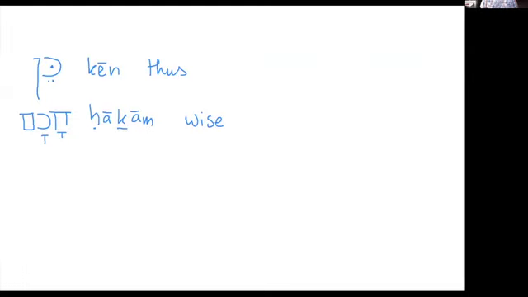So you have two ch sounds. Chacham. You have two ch sounds in one word, but they are written completely differently. And you need to know if there is a dot in the kaf or not to pronounce it correctly. So chacham, you will see the word chokma here, which means wisdom.